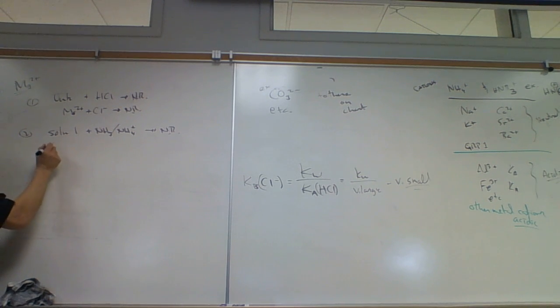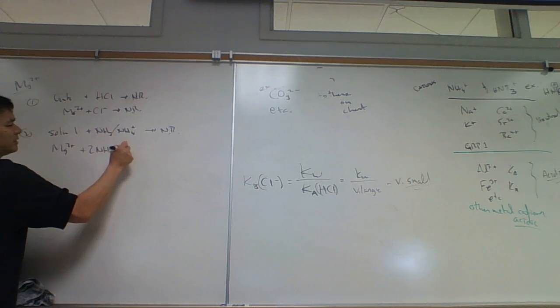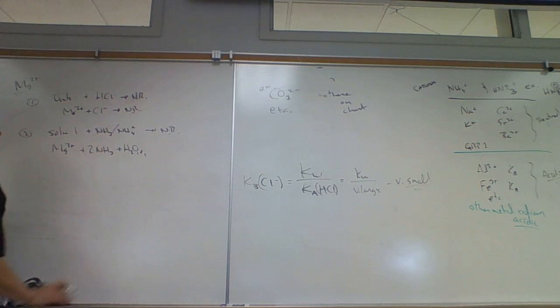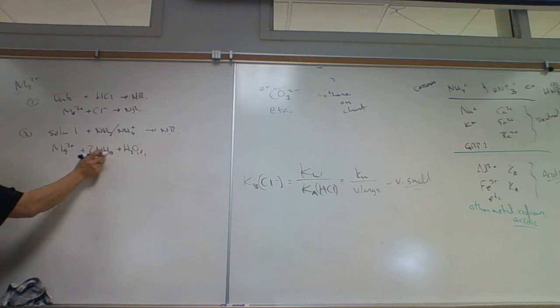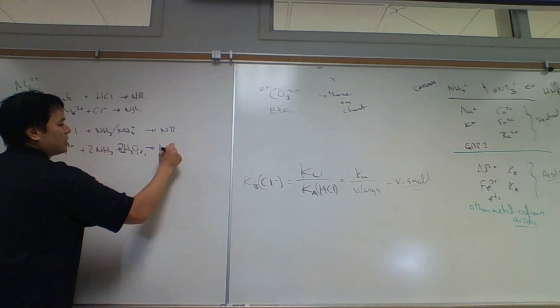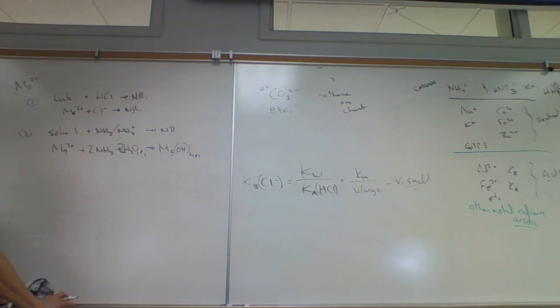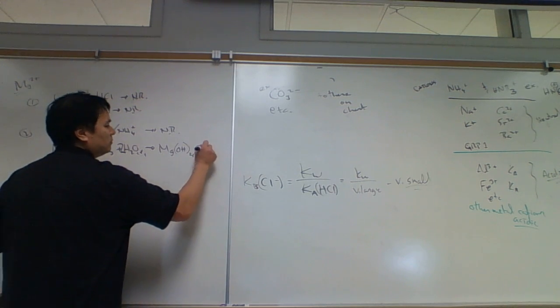But in this case, we would have expected a reaction. It's magnesium 2+ plus 2 ammonias. We would have expected reaction because magnesium 2+ with 2 ammonias and 2 waters should give us magnesium hydroxide, which is a precipitate. And that precipitate is going to be the driving force for this reaction.